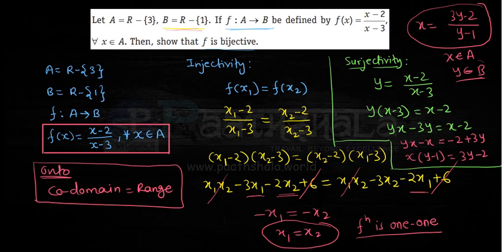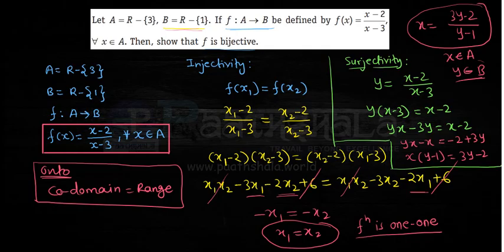We can substitute any value for y except 1, because from B, 1 is already excluded, so we don't have any value which makes the given equation undefined. So we can say all codomain values have pre-images.